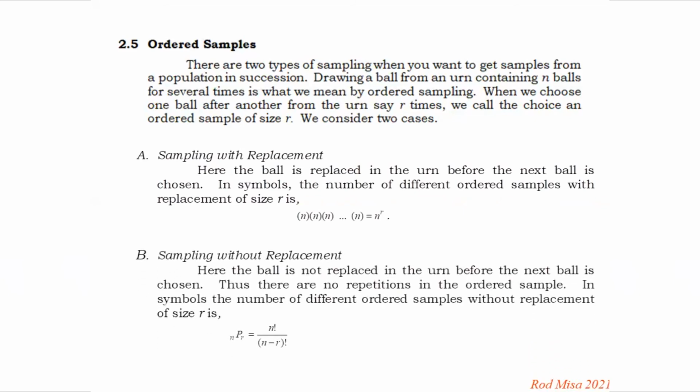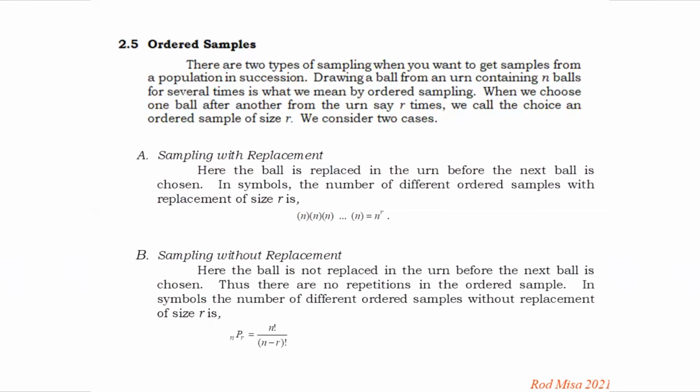However, sampling without replacement happens when the ball is not replaced in the urn before the next ball is chosen. Thus, there are no repetitions in the ordered sample, which means that when that ball was drawn in the previous draw, there is no chance that it will be drawn in the succeeding draws, because you will not replace that ball to the urn once it has been drawn.